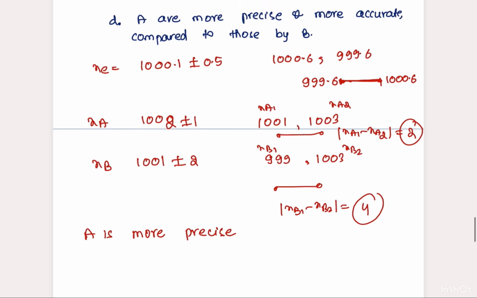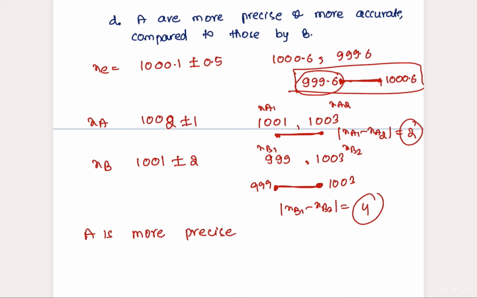And compared to accuracy, the exact value will be lying between 999.6 to 1000.6. So here you can observe XB is 999 to 1003. If this is observed with XA values, it doesn't have any value below 1001. Therefore this 999.6 value is not included in the XA range, but it is included in the XB range.